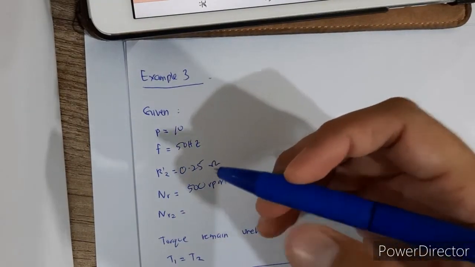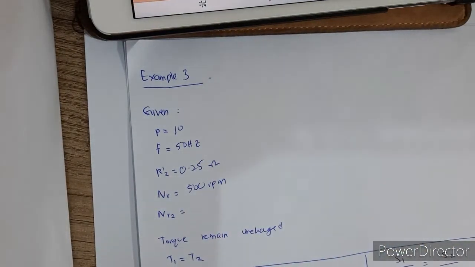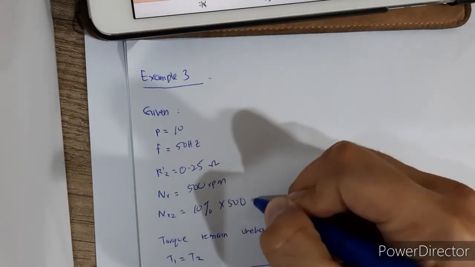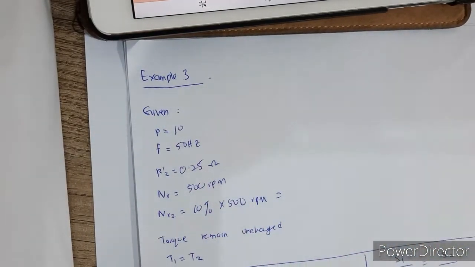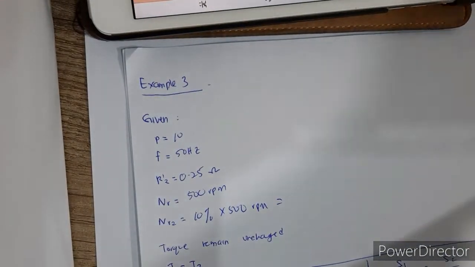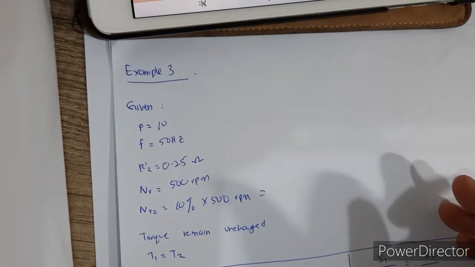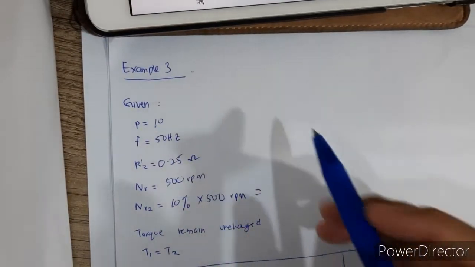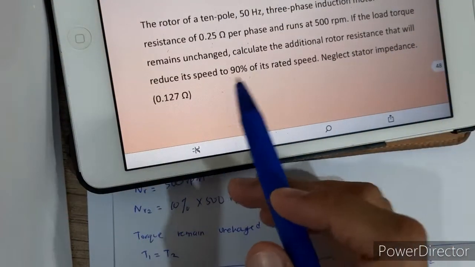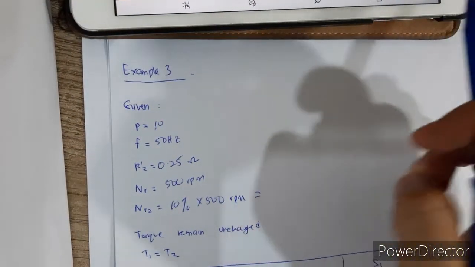So if we reduce by 90%, the remaining speed is 10%, 10% multiplied by 500 rpm. Not 10%. The question mentioned reduce its speed to 90%, not reduce by 90%.